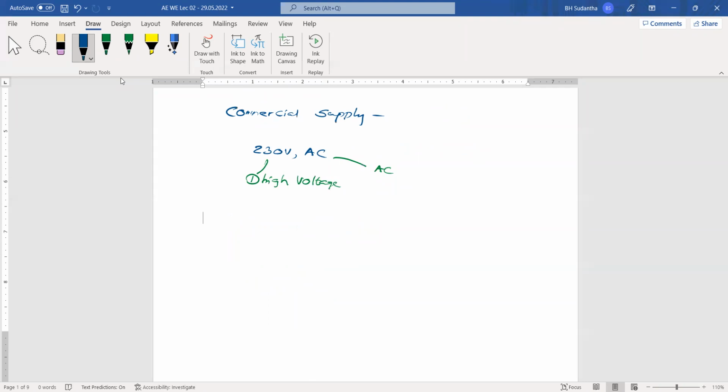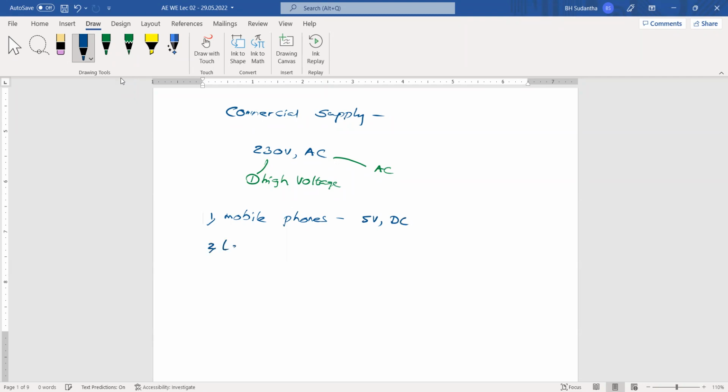For example, your mobile phone, if it is a USB charger, most of the mobile phones have 5 volts and some amount of current, 5 volt DC supply they need.